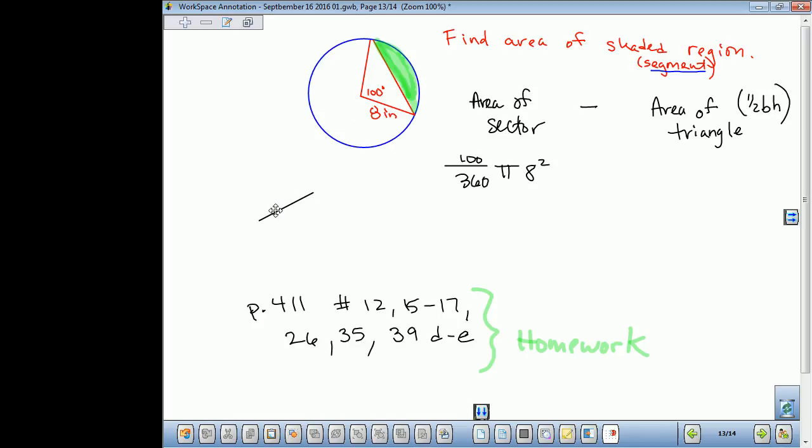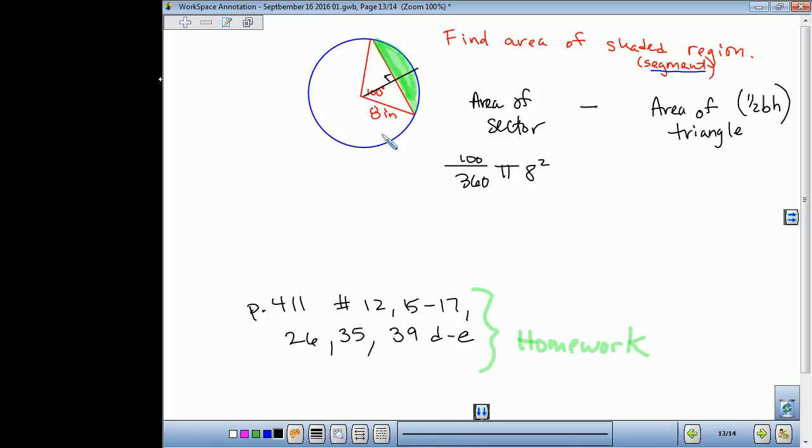So we can draw in a radius that is perpendicular to the chord. And if we do that, it bisects the chord, right? And so we have created a triangle right here, a right triangle. And so instead of being 100 degrees, you're right, this is now 50 degrees. And this ends up being the height of the triangle, doesn't it?